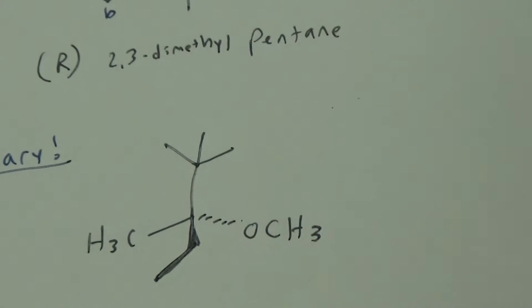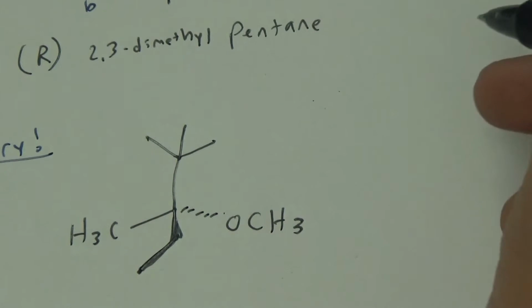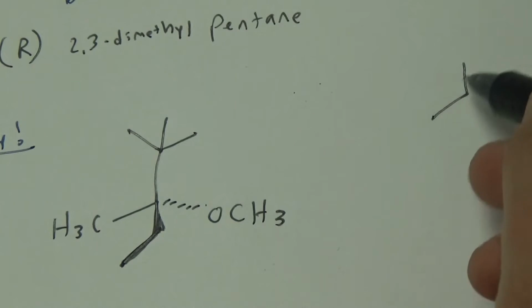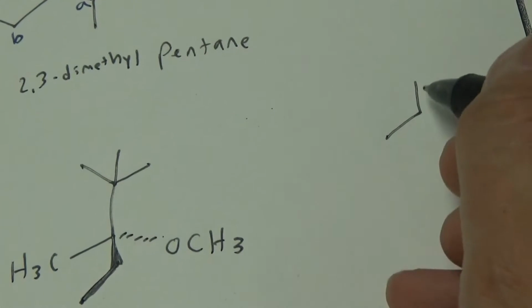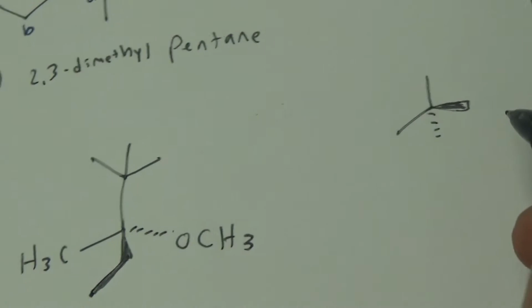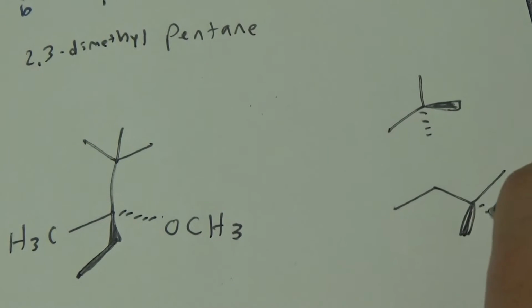And first of all, notice I am doing something that I want you to recognize. Whenever I draw chiral centers, it'll be some kind of zigzag, or an angled piece. And then we have the wedge and the dash, kind of like that. It's always going to be like that, or it might be this.